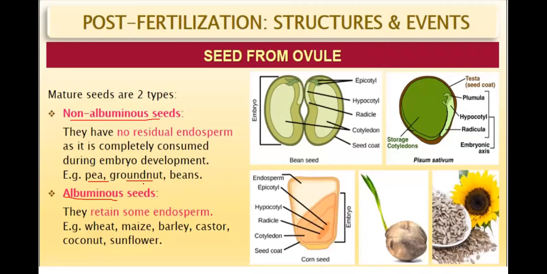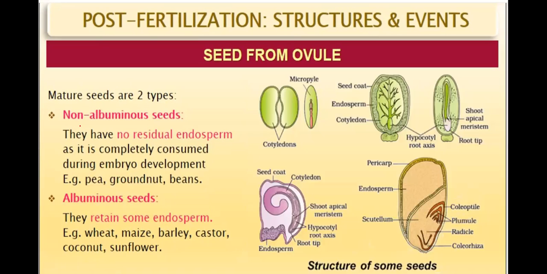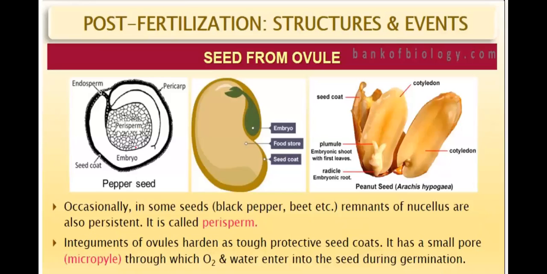Albuminous seeds contain some endosperm, like wheat, maize, barley, castor, coconut, and sunflower. They are albuminous. Occasionally, in some seeds like black pepper and beet, remnants of the nucellus also persist. It is called what? Perisperm. So what is perisperm? The remnant of the nucellus is called perisperm.